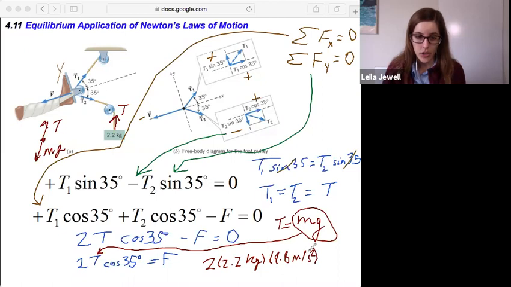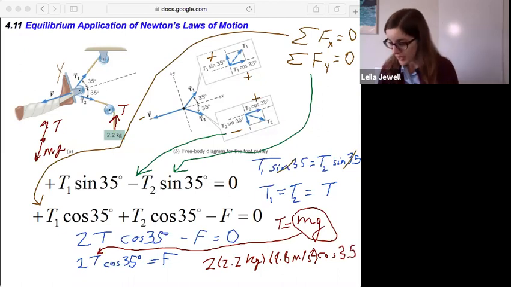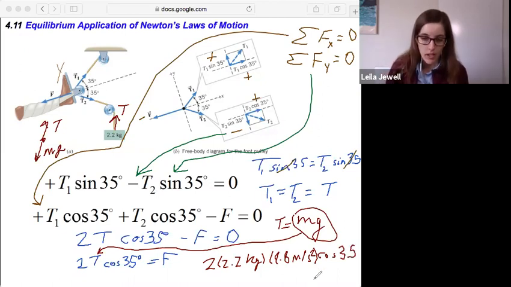So that's our 2 mg, and then times cosine of 35. Sorry, the cosine there got a little messy, but hopefully you can still see. And so if you calculate this, you should find that it comes out to, interestingly, a 35.